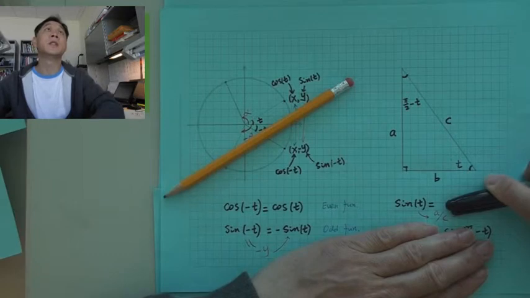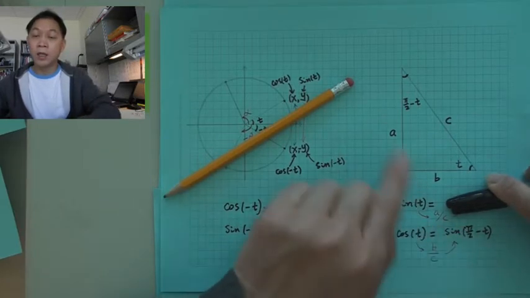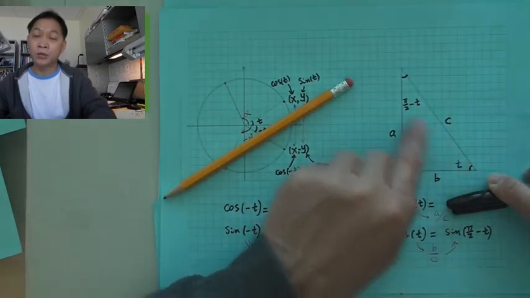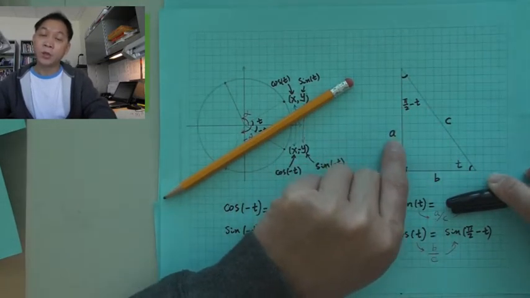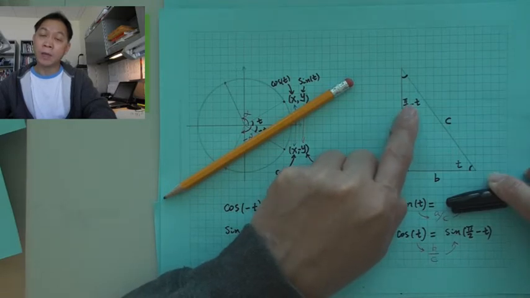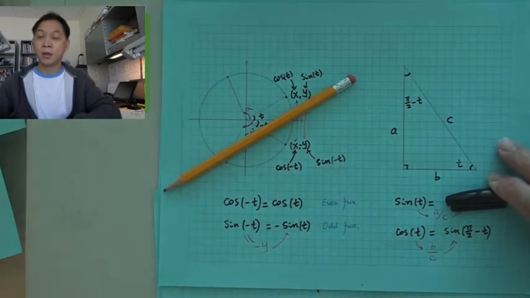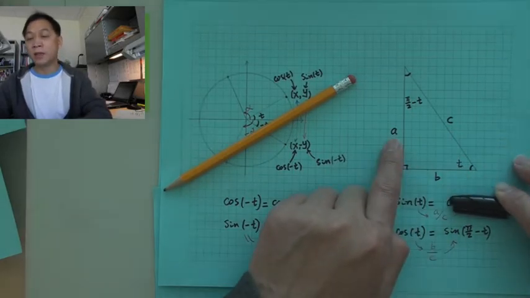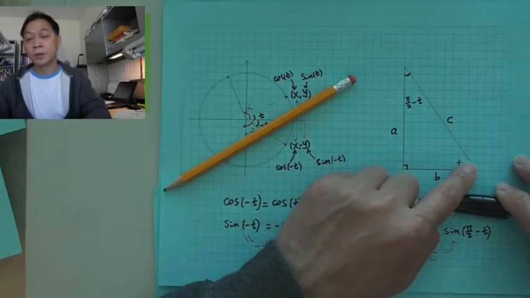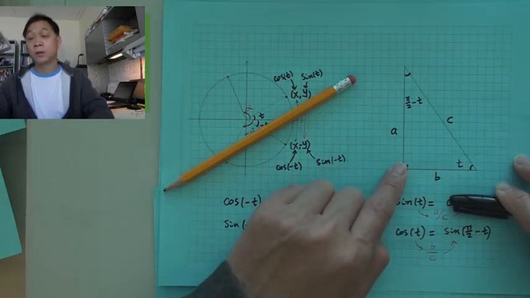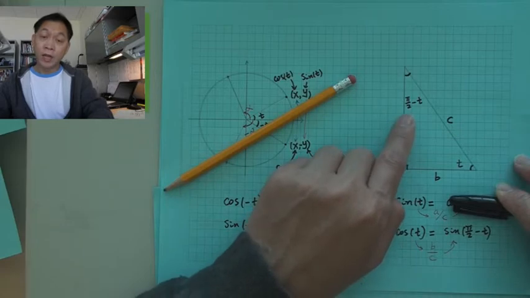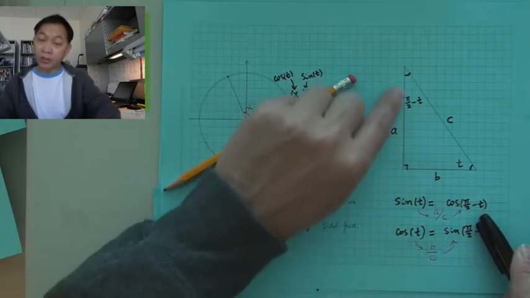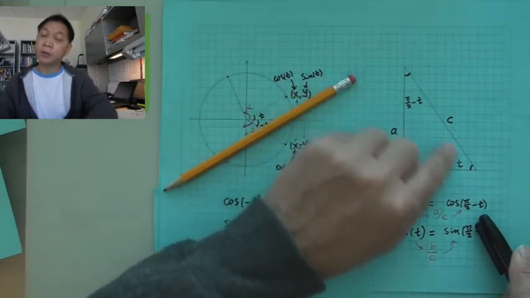Now, A over C is actually the adjacent side over hypotenuse for this angle, and that's actually cosine pi over 2 minus T. So what I want to say is that sine T, opposite side over hypotenuse, is actually the cosine pi over 2 minus T, that's adjacent side over hypotenuse.